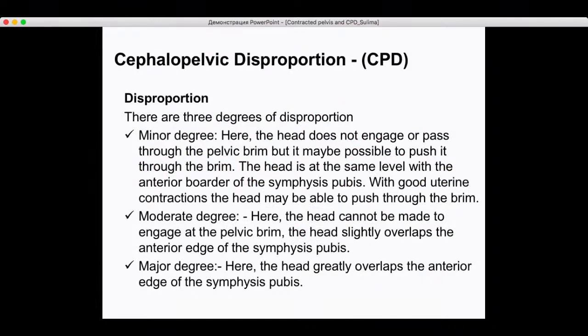There are 3 degrees of disproportion. Minor degree: here, the head does not engage or pass through the pelvic brim, but it may be possible to push it through the brim.